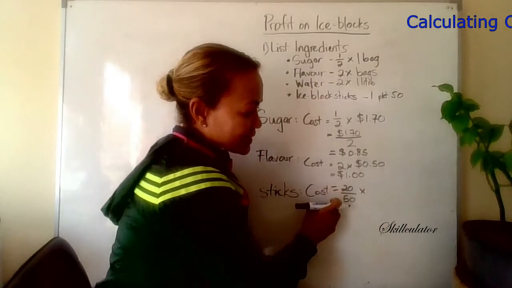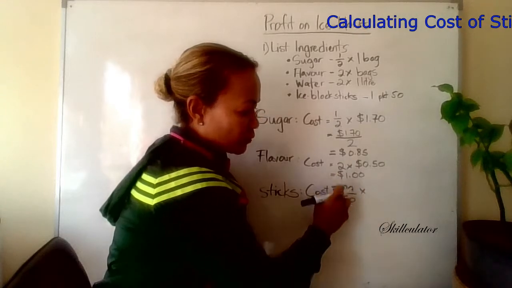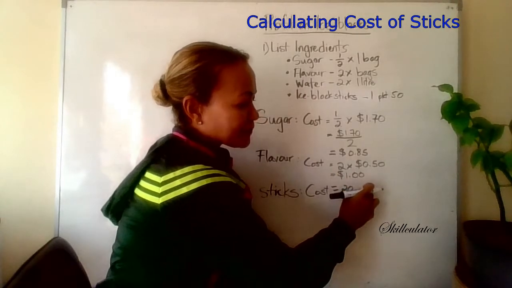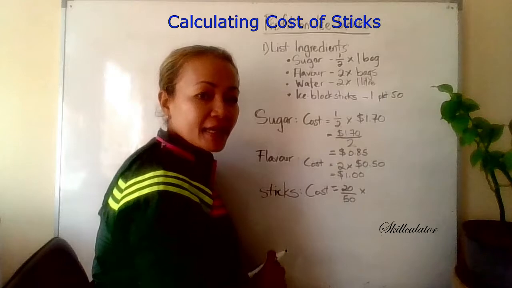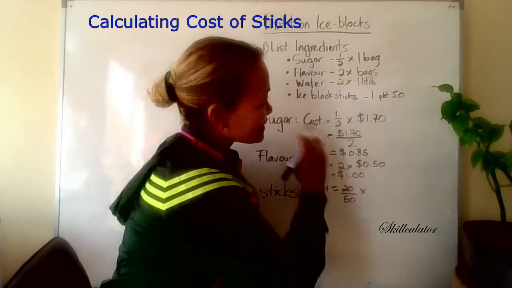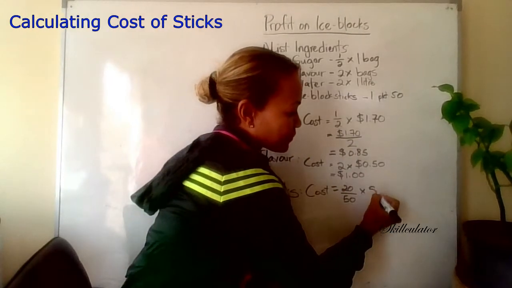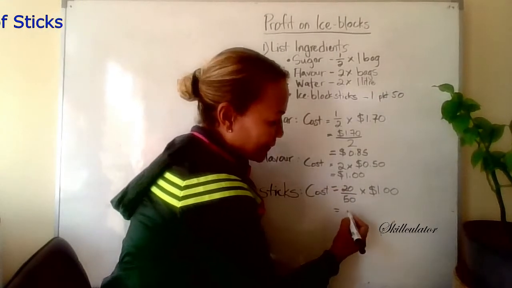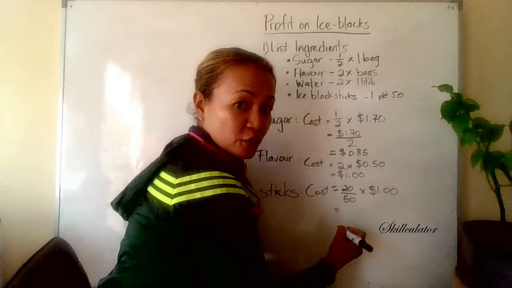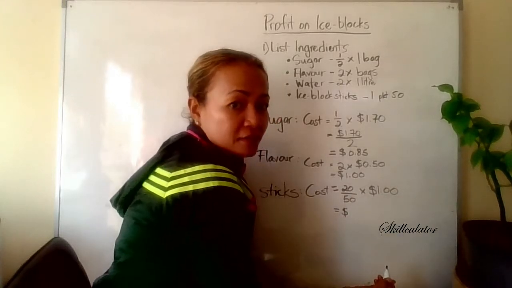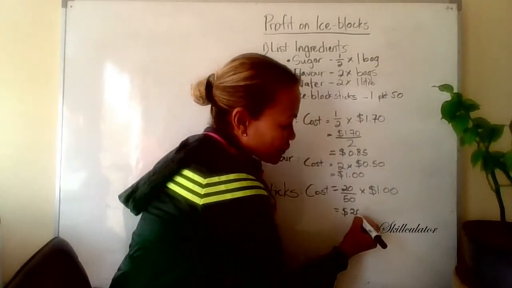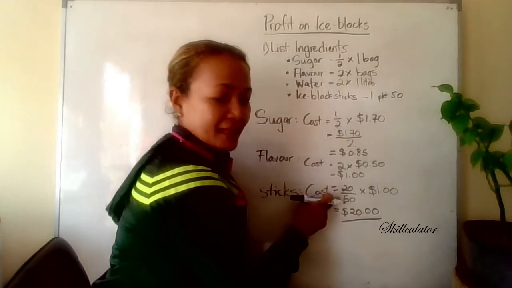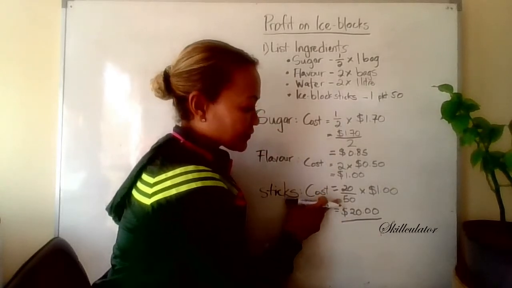I multiply the proportion by the cost of the sticks, and the sticks are $1. So the numerator here is 20, so 20 times $1 is going to be on top. 20 times $1 is what? $20, right? So $20 divided by the denominator, which is 50 in this case.